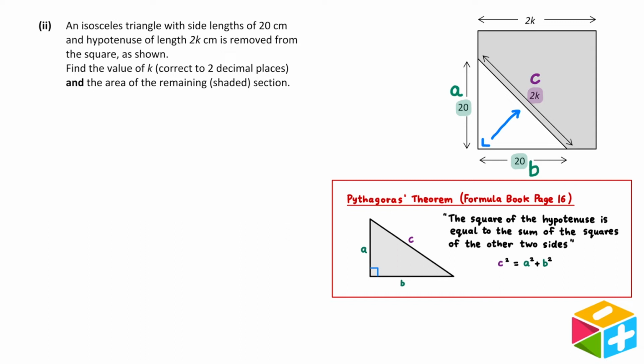The other two sides can be labelled as A and B, and it doesn't matter what order we do them in. Here, A will be 20 and B will be 20. Now that we know A, B and C, let's sub in to Pythagoras' theorem.